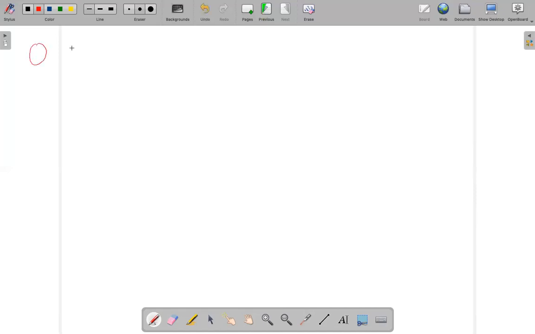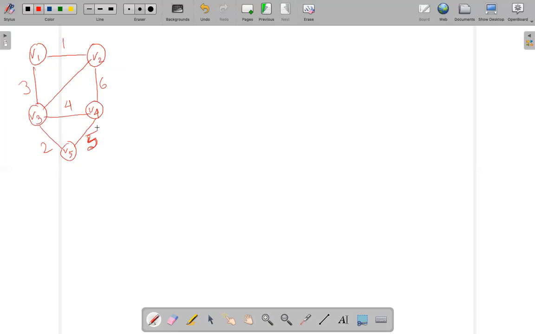Let us draw the figure once again. So this was our initial graph.